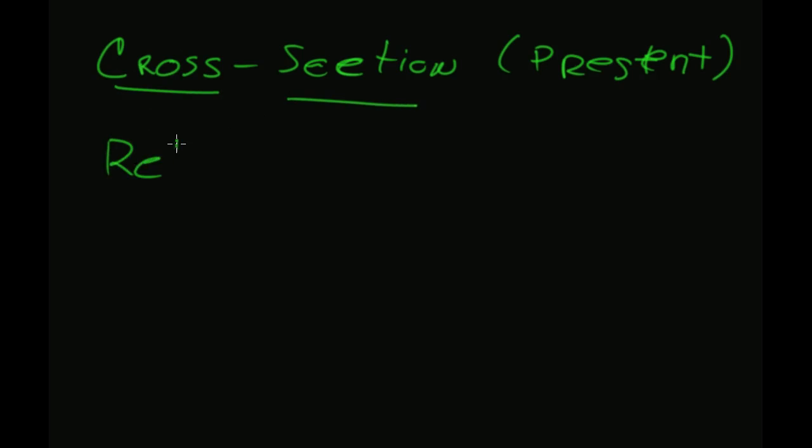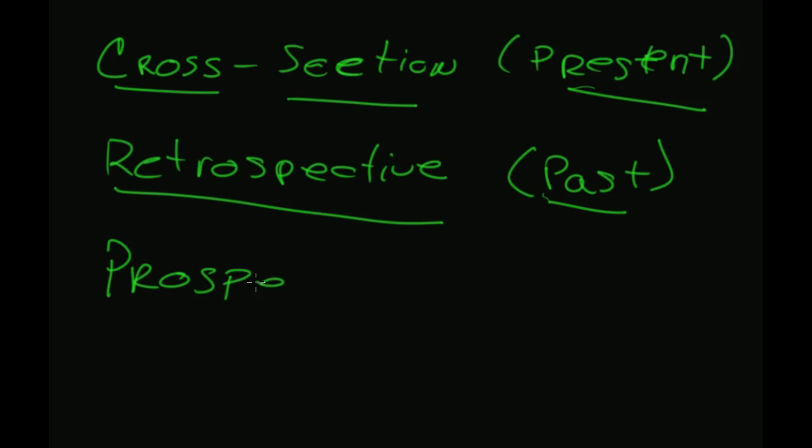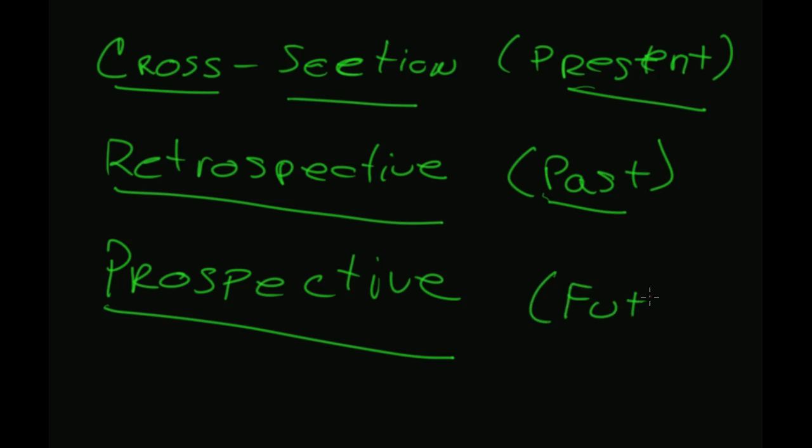You have a retrospective study that looks at their past history and makes present day arguments about that. And then you have a prospective study where you make a cohort of people first and then you make future observations about them.